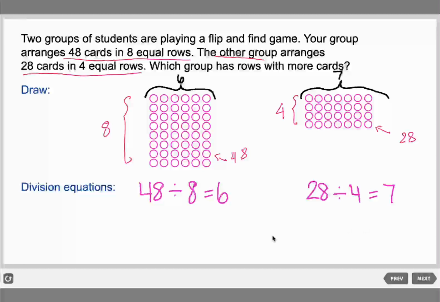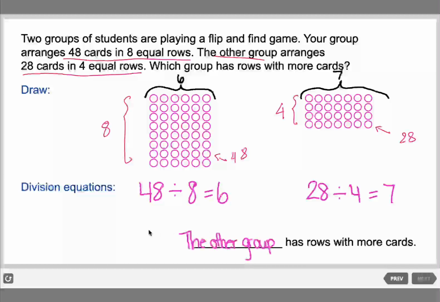Okay, so now as you can see, my heroes, which group has rows with more cards? Your group or the other group? The other group. Excellent. So the answer should be the other group has rows with more cards.